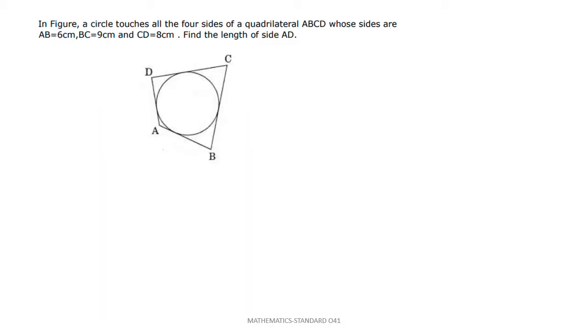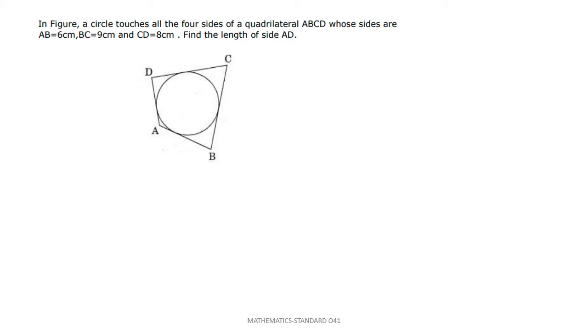Now the next one. In the figure, a circle touches all the 4 sides of the quadrilateral ABCD, whose sides AB, BC and CD are given. You have to find the length of the side AD.